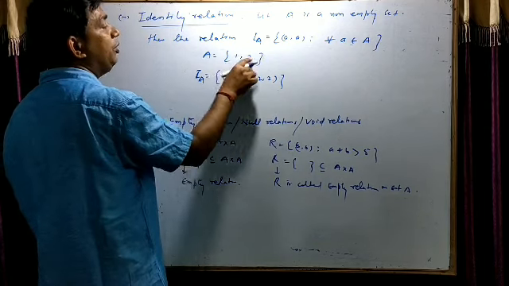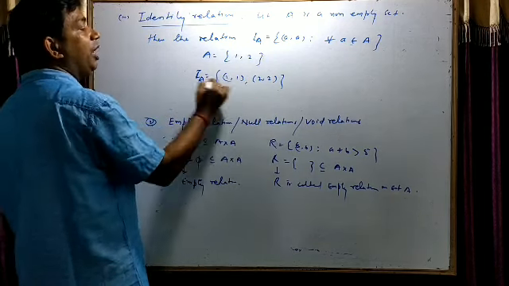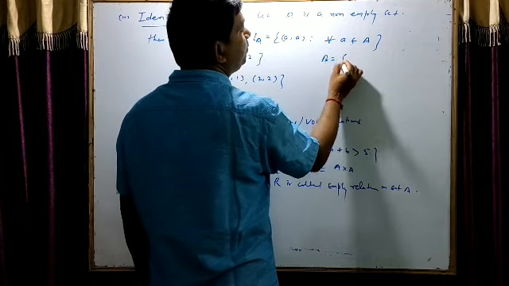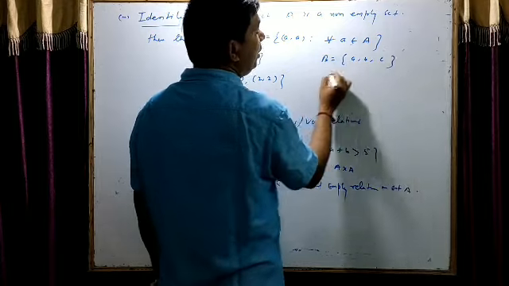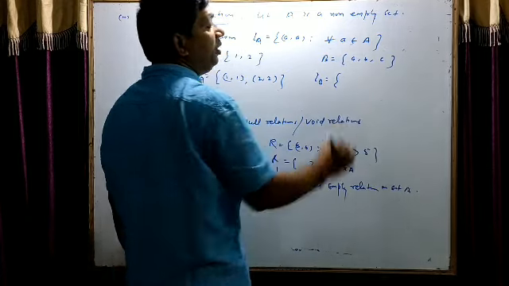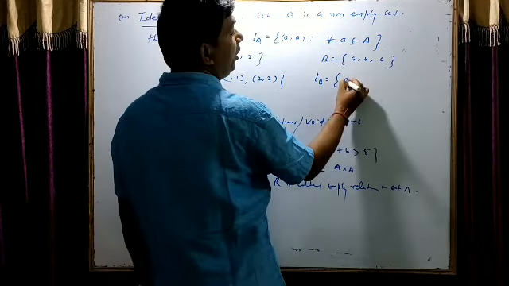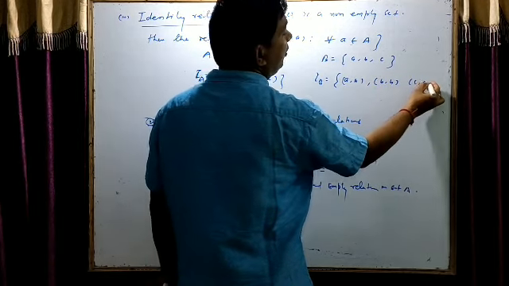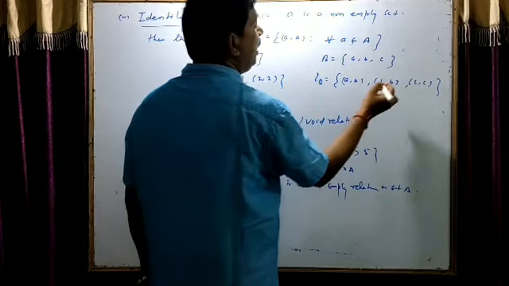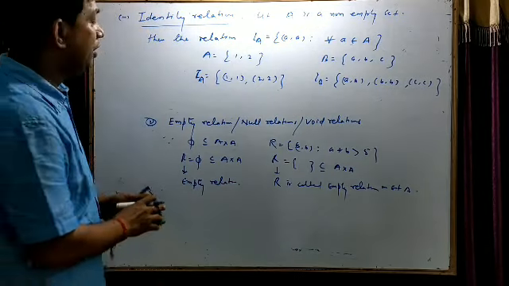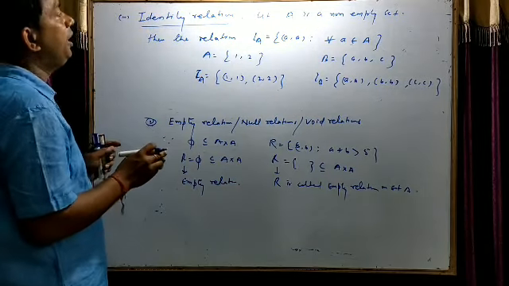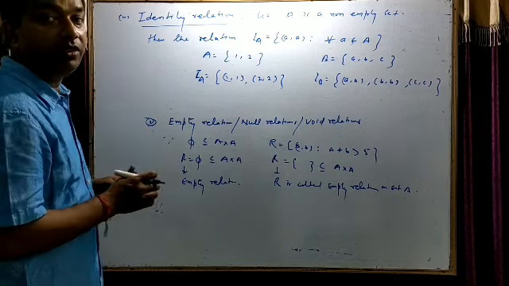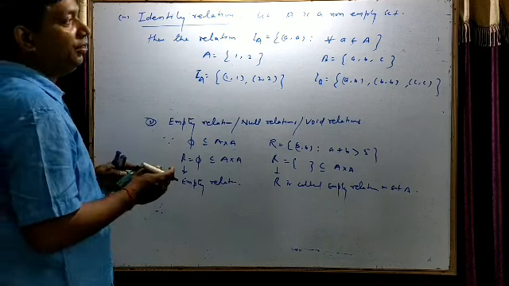If A has elements 1, 2, then (1,1) and (2,2) belong to I_A. Suppose B is equal to {a, b, c}, then I_B is (a,a), (b,b) and (c,c). This is your identity relation on set B. Some confusion regarding identity relation and reflexive relation, so later we will discuss that thing.